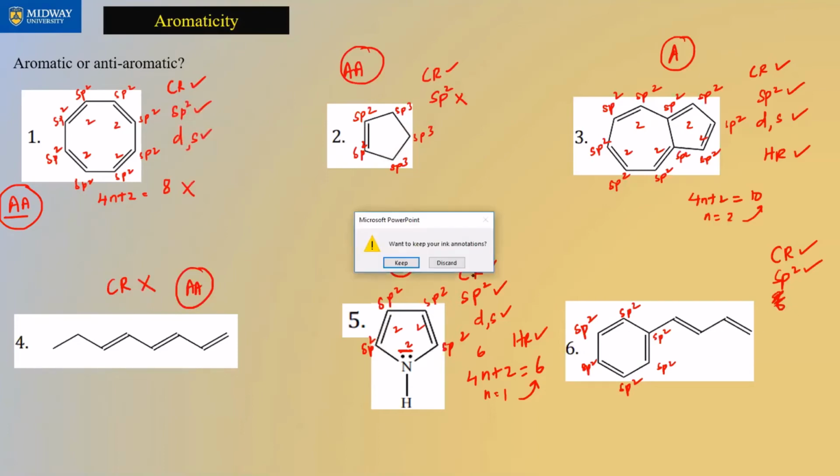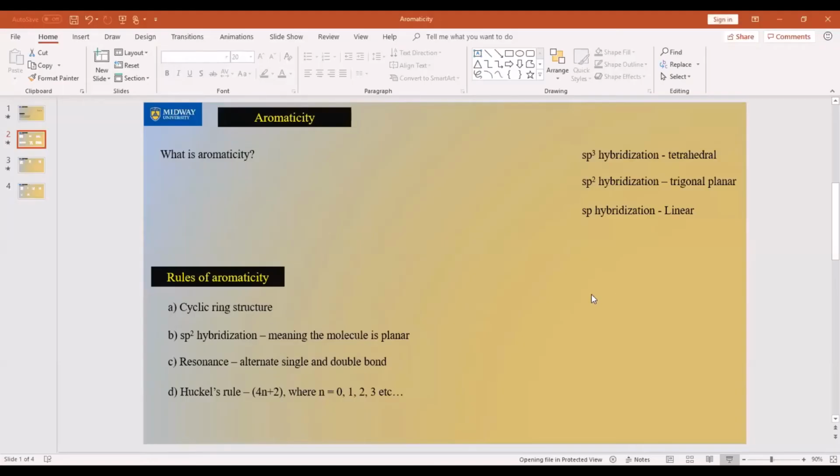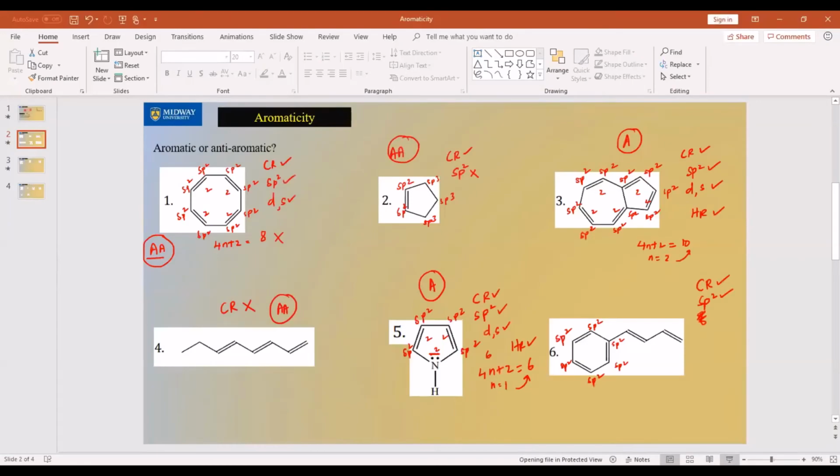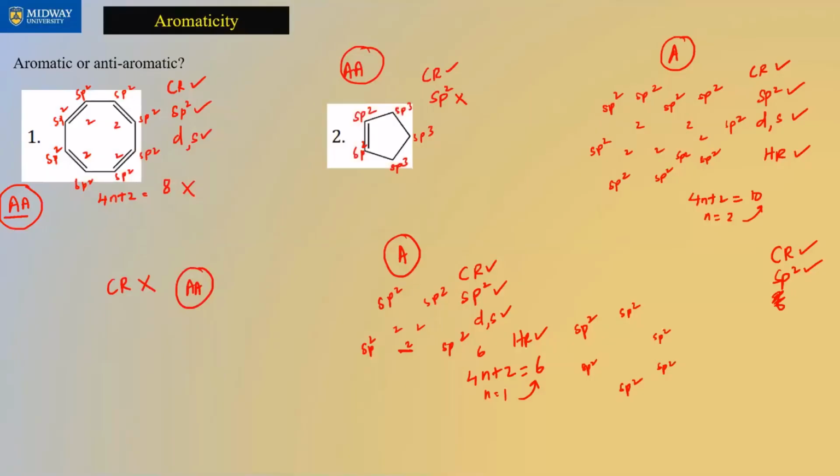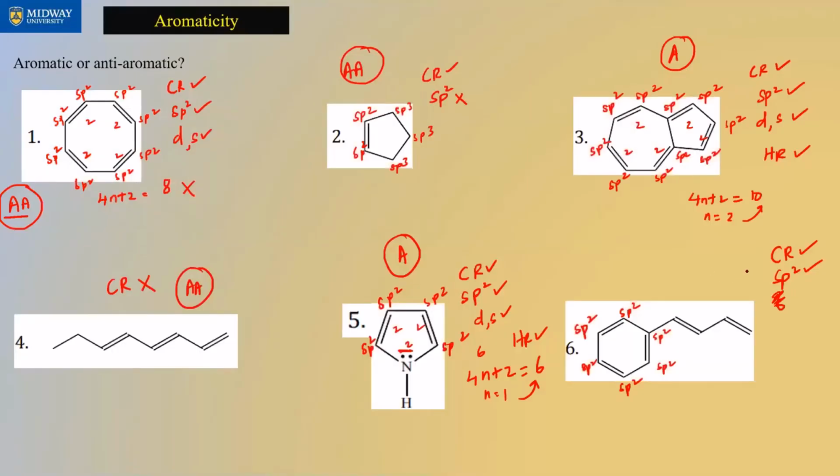We have sp2 everywhere, and then double, single, double, single, double, single. So that's worked as well. And we have 6 inside the ring. So 4n plus 2 equals 6, right? This is 2, 2, 2, 6. n equals 1 will satisfy that rule. So Huckel's rule is satisfied. So this is aromatic as well.